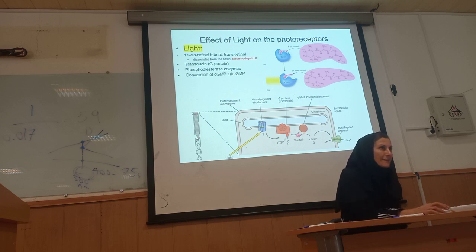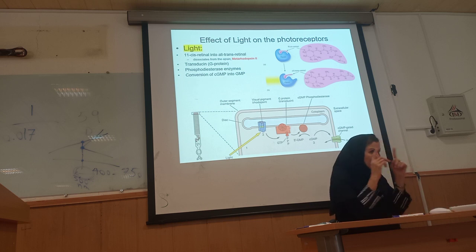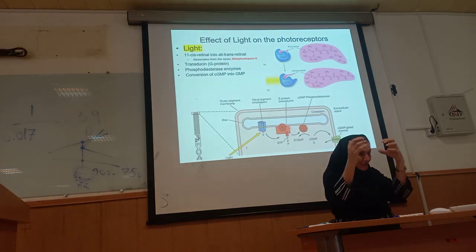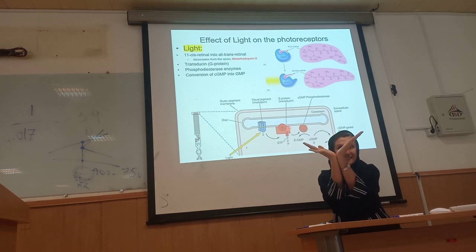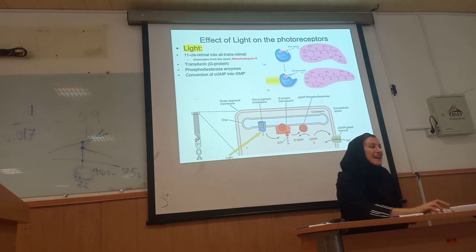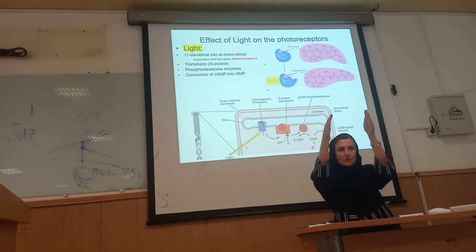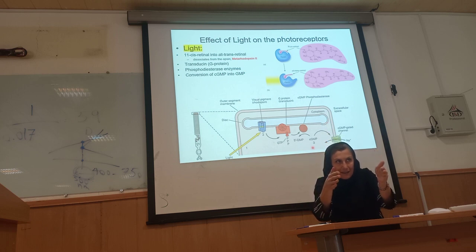What is the function of that? Conversion of cyclic GMP. If you remember, cyclic GMP in the dark binds to the sodium channel and opens it. Phosphodiesterase converts cyclic GMP to the linear form, and the amount of cyclic GMP gets lower.